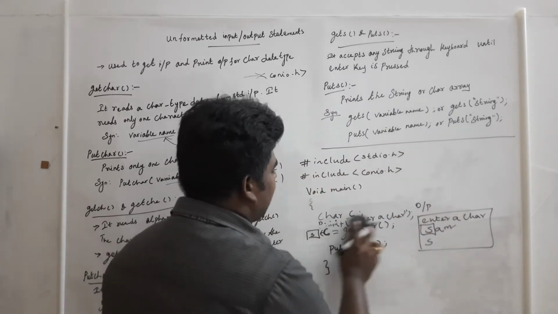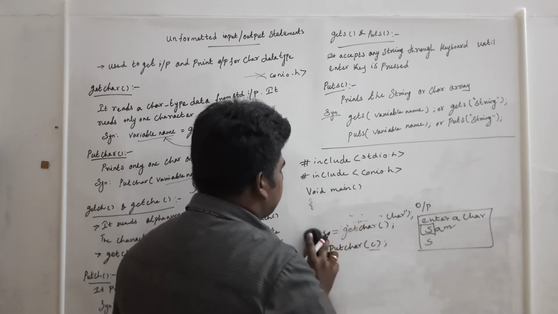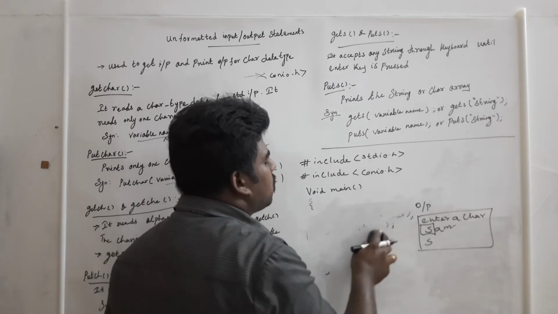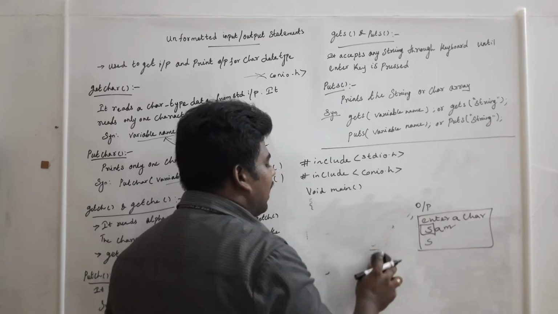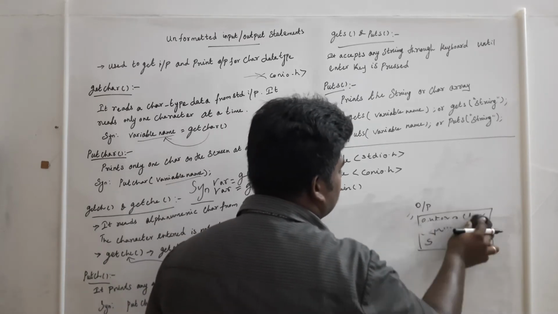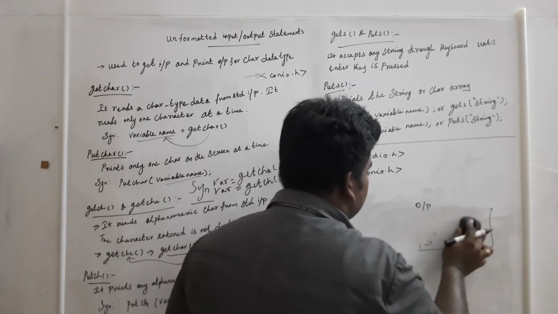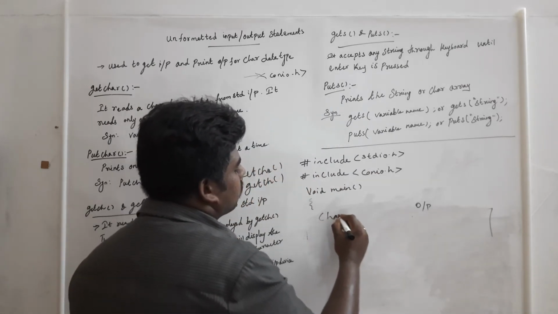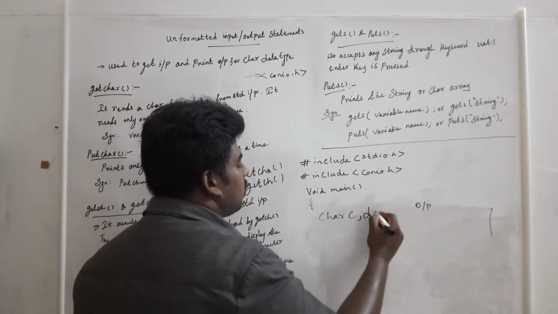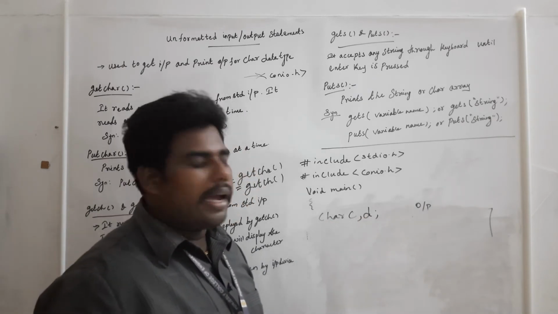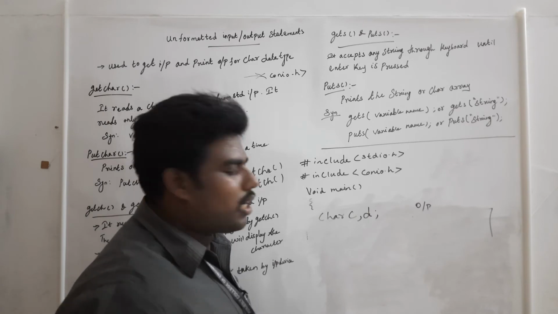So here I am declaring two variables. I am going to use getch as well as getche. I am going to declare two characters, char c comma d. So two variables I declared which belong to the character data type.